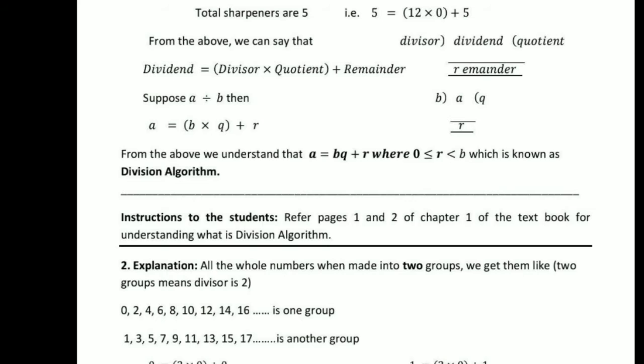The first group is 0, 2, 4, 6, 8, 10, 12, 14, 16 and so on. The other group is 1, 3, 5, 7, 9, 11, 13, 15, 17 and so on. You can easily identify what type of numbers these are. The first group is even numbers and the second group is odd numbers, as you know.